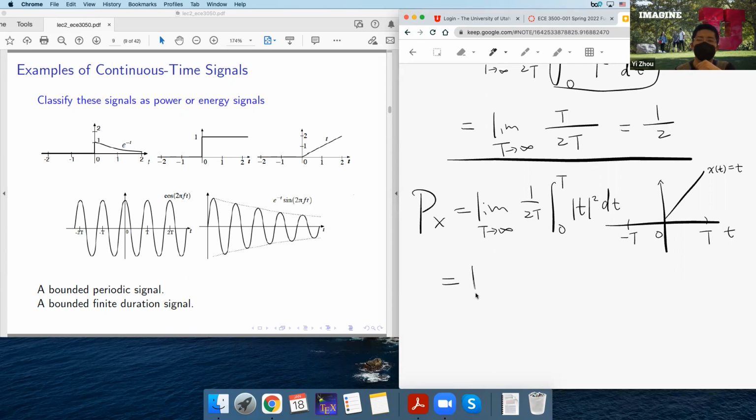And calculating this integration, the t squared dt, what we have is t cubed over 3 evaluated at 0 and capital T. So this gives capital T cubed over 3, over 2T.